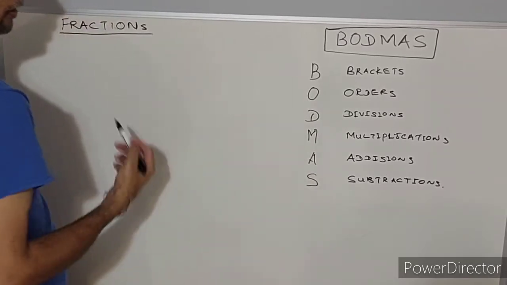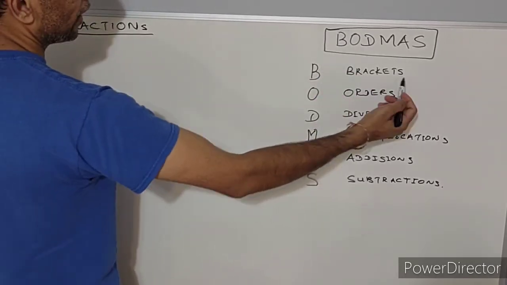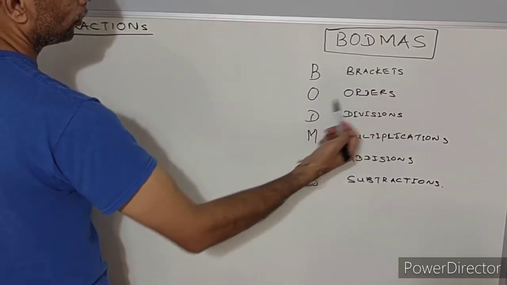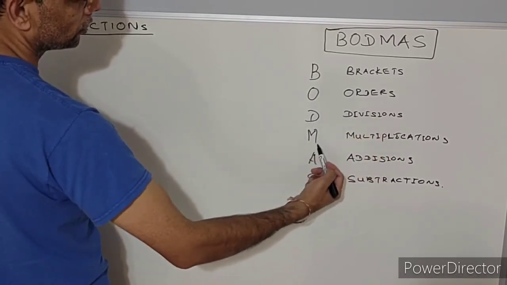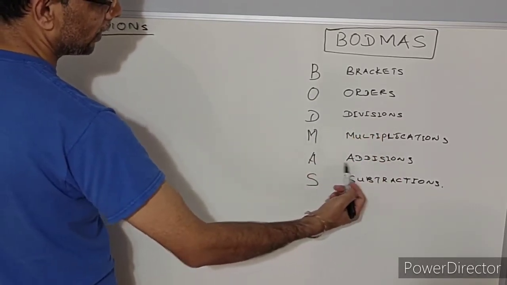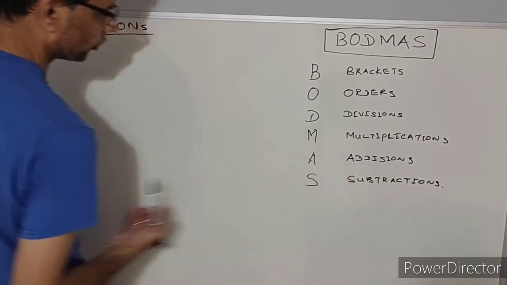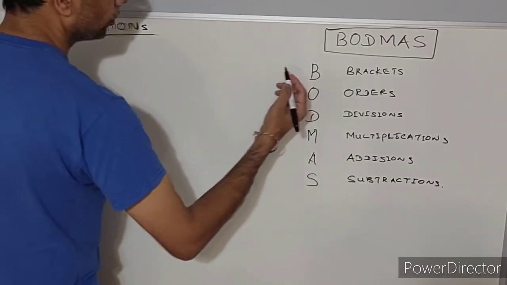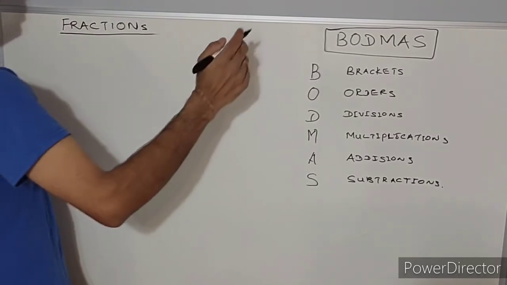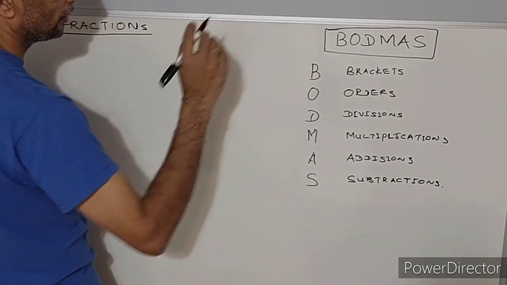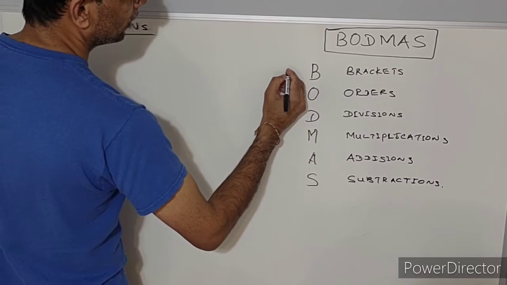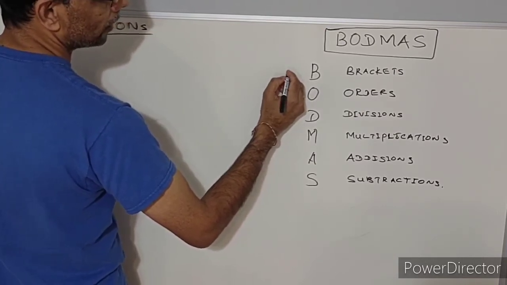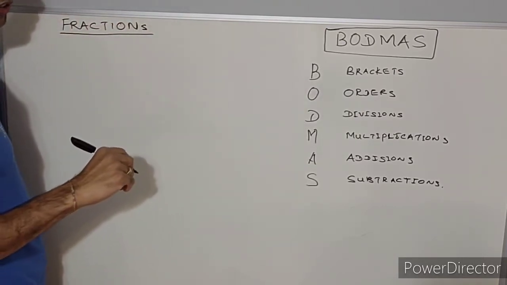BODMAS. B means brackets, O means orders, D means divisions, M means multiplications, A additions, and S is subtractions. In the fraction, you have to resolve first within the brackets, if you have it in the question.